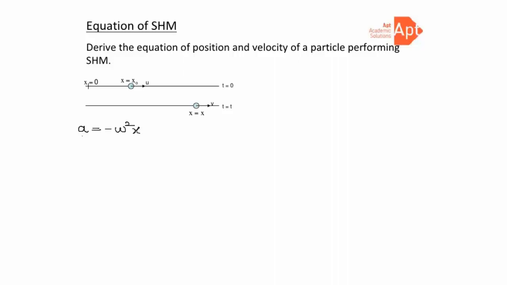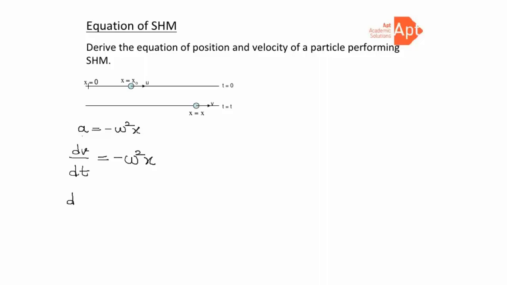Now let's write this A as dv by dt. This is equal to minus omega square x, right? Now we have three variables here. v is a variable, t is a variable, and of course x is a variable. So let's write this expression in terms of v and x only.